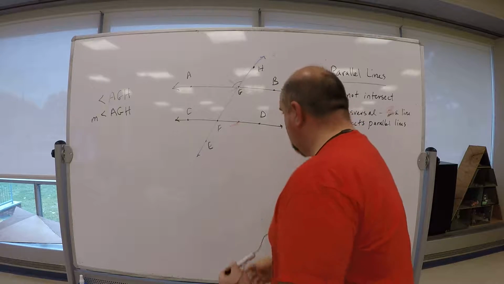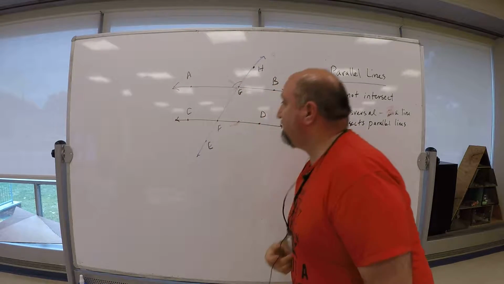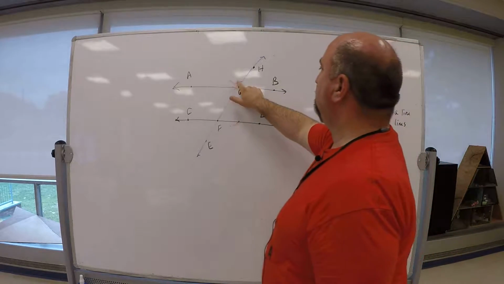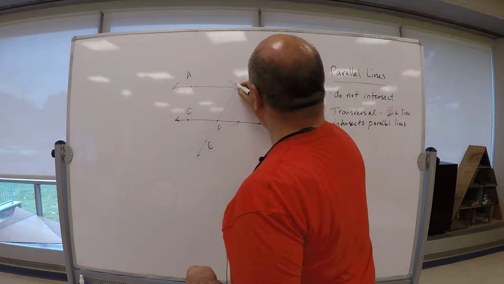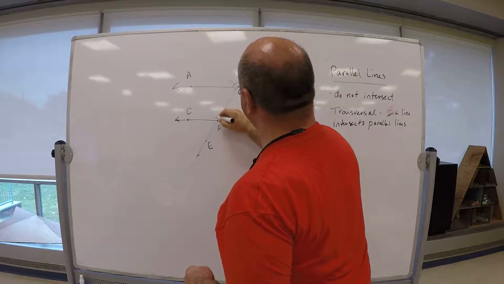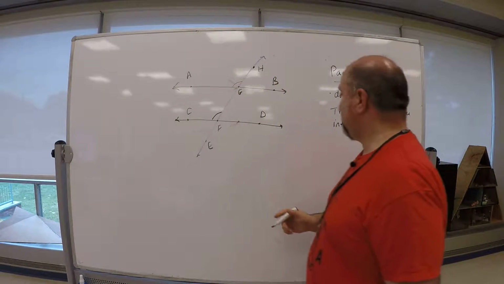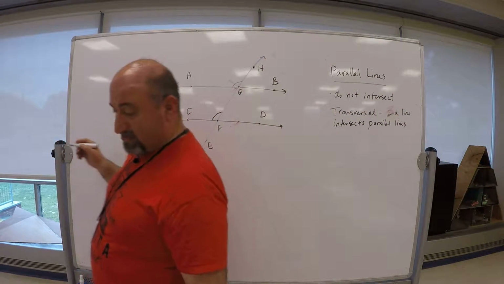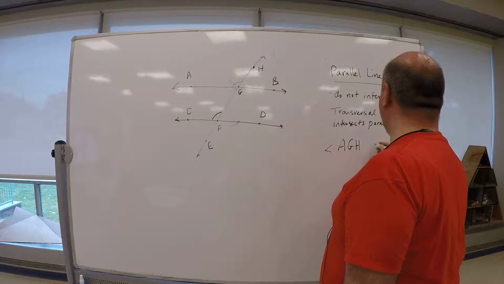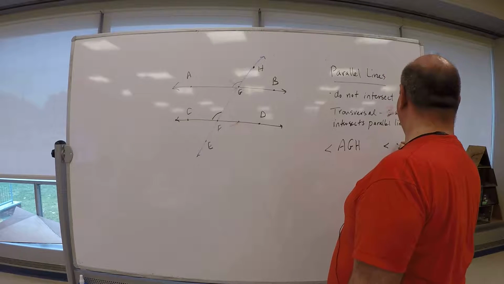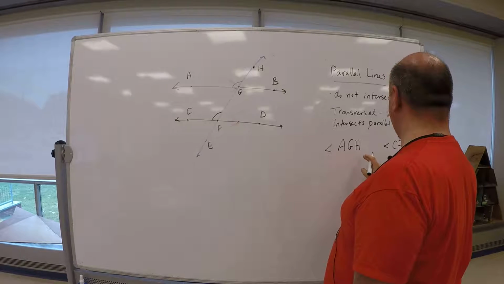All right, so we have our transversal, and we have a whole bunch of angles identified. We're going to be looking at different sets of these angles and how they are related to each other. The first one that we're going to look at is angle AGH and angle CFH, or CFG if you like.